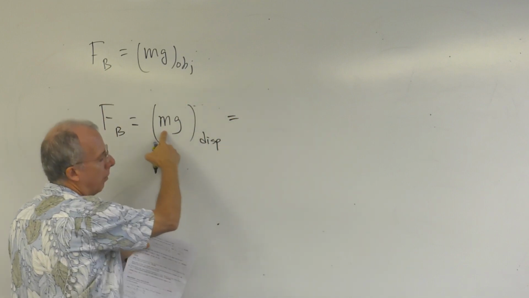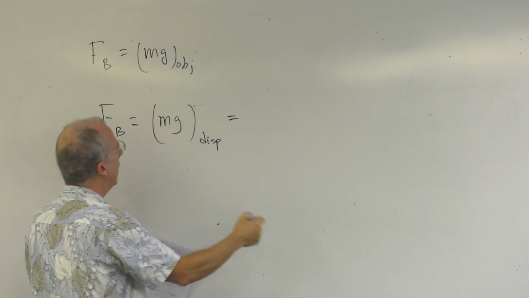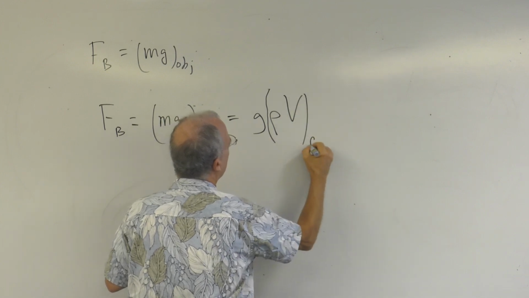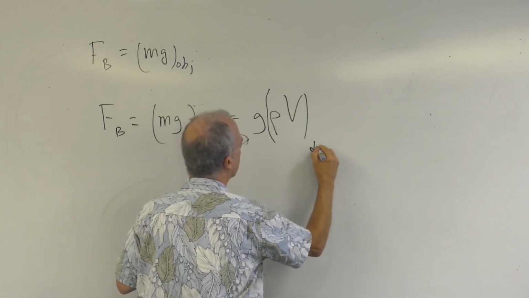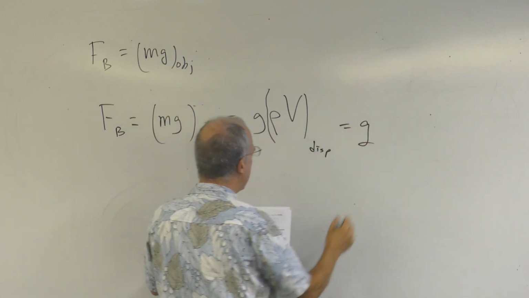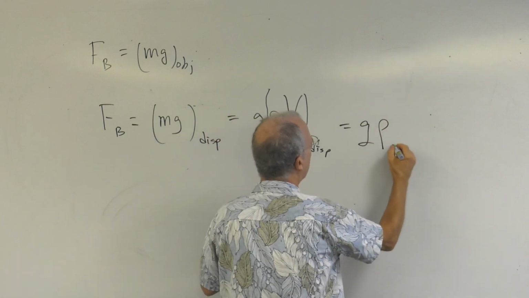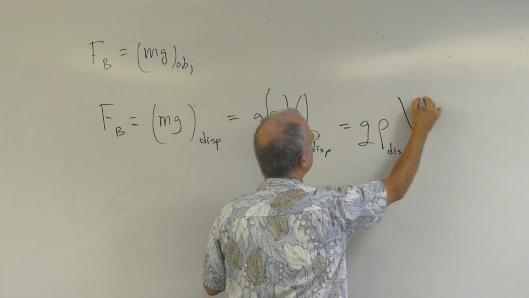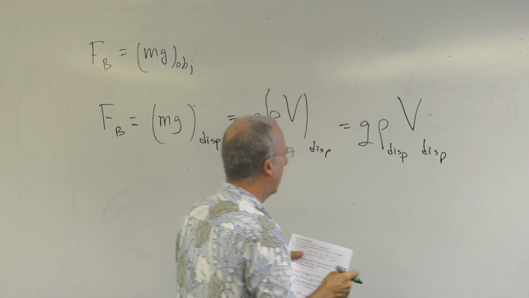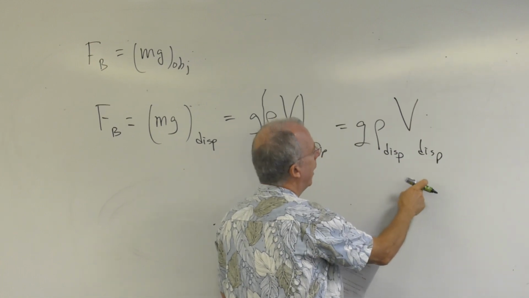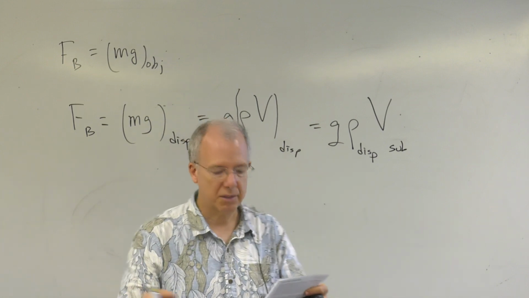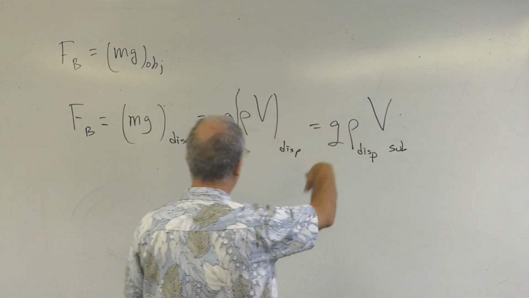And the mass of the fluid is rho v. So we're going to have g rho v of the fluid displaced, and that's just g times rho fluid displaced times the volume of fluid displaced. Now, isn't the volume of the fluid displaced the same thing as the volume of the object that's submerged? Same thing, so that's true.